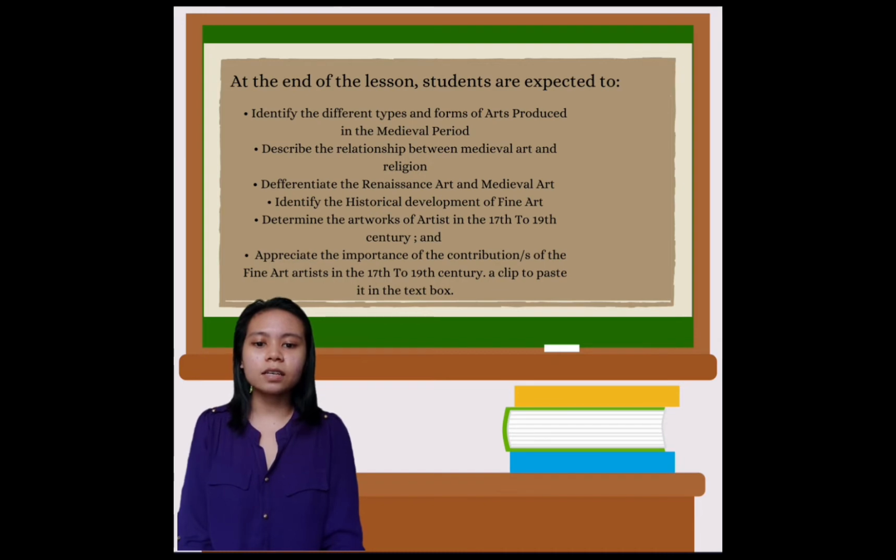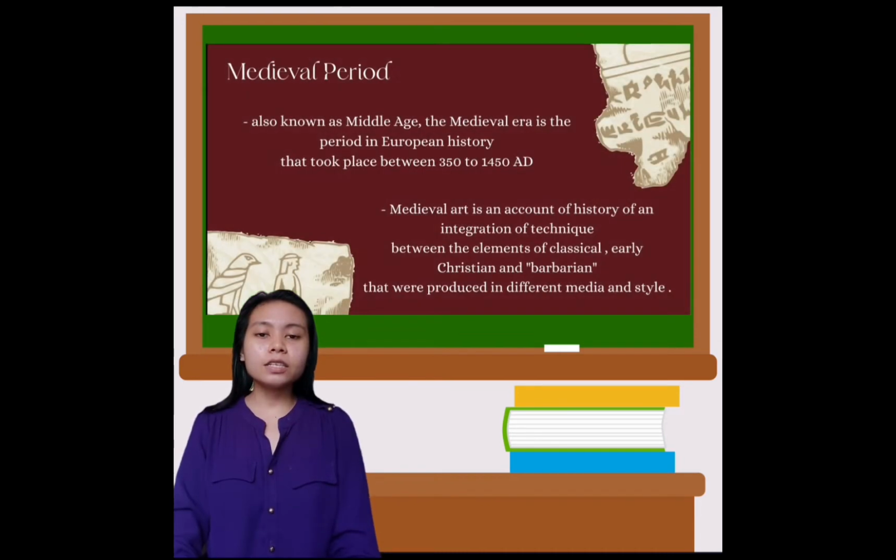17th to 19th century. In the history of Europe, the medieval period, also known as the Middle Ages, took place between 350 and 1450 AD. So why is it called medieval? With its roots, medi meaning middle and evum meaning age, medieval literally means of the Middle Age.